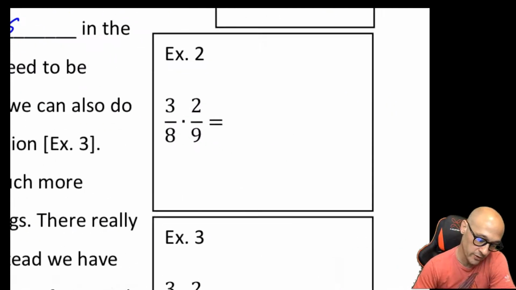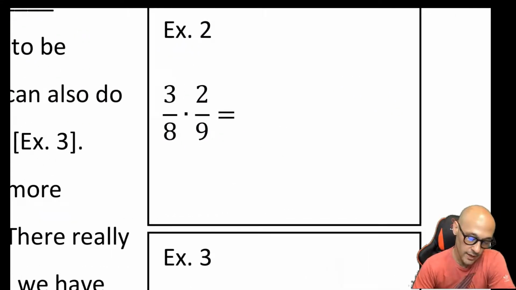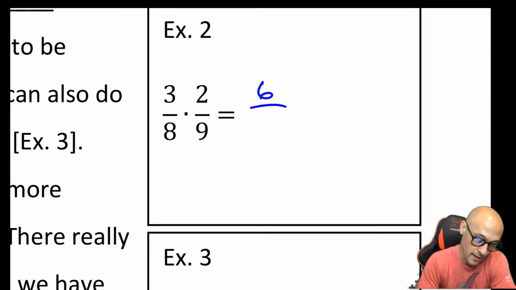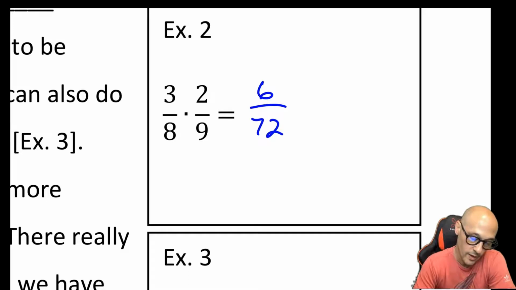Let's look at example 2. So here we have 3 times 2, that's 6, and 8 times 9, that's 72. And 6 and 72 are both divisible by 6.